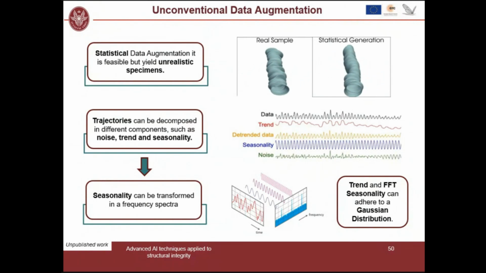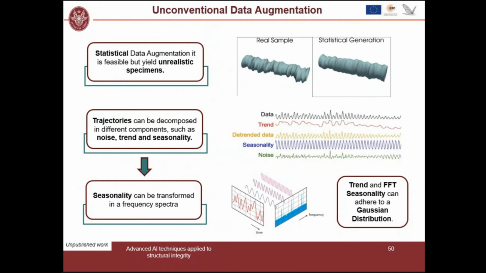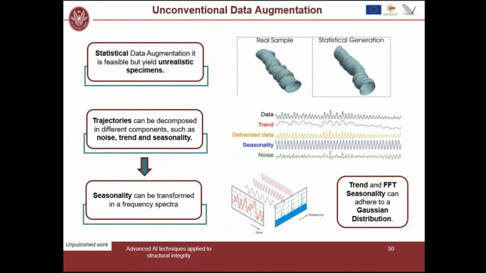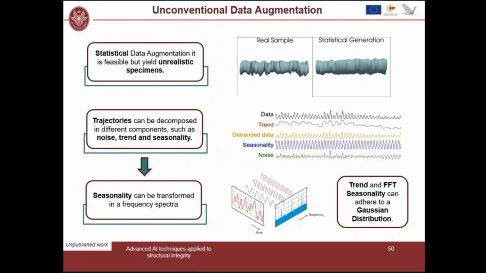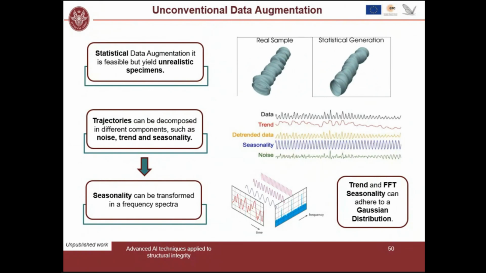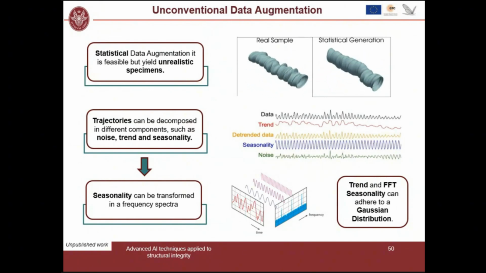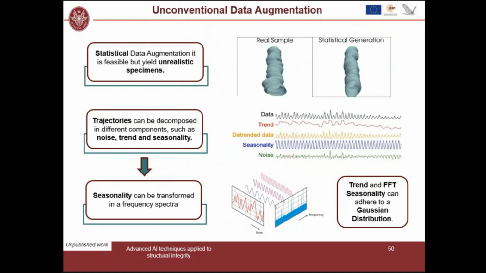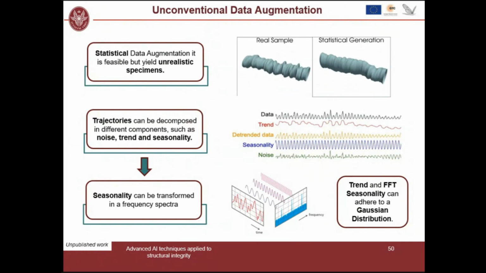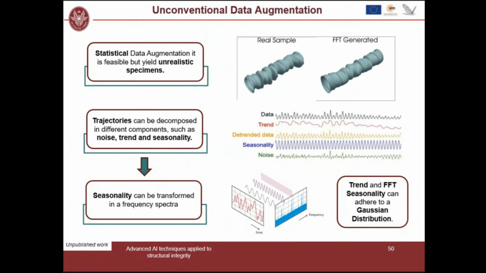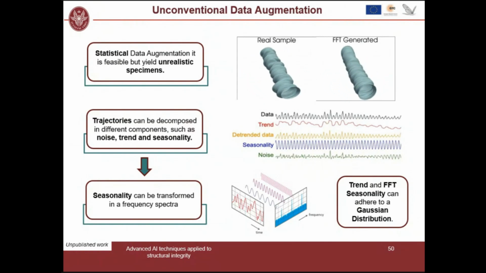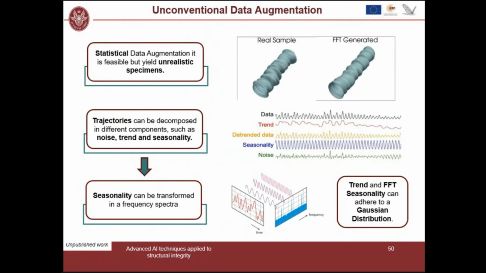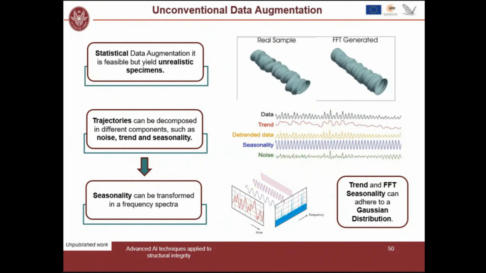So I used something that is a problem with neural networks, but in this case is something good: when you feed an online neural network new data, it tends to forget old data. So I augmented data by using a statistical generation of an FFT-transformed sequence.